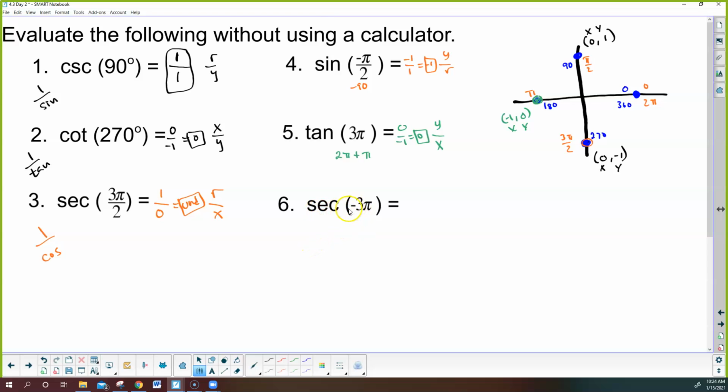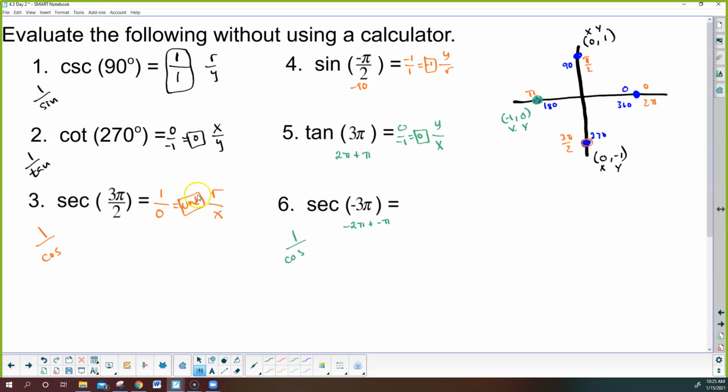And if you think of negative 3 pi, I think of negative 3 pi as going once around the circle, but in the opposite direction. So we're going clockwise because it's negative. So that's once around the circle, and then another negative pi, which puts me right back to where I was at 180. And secant is the reciprocal of cosine.